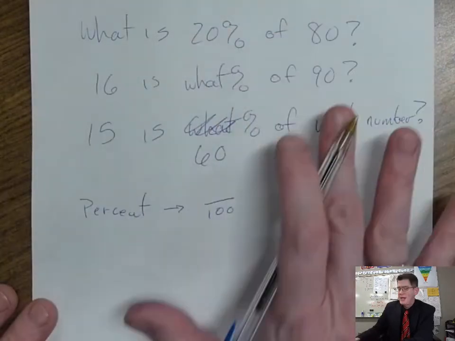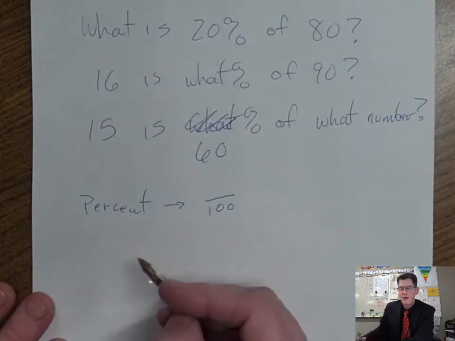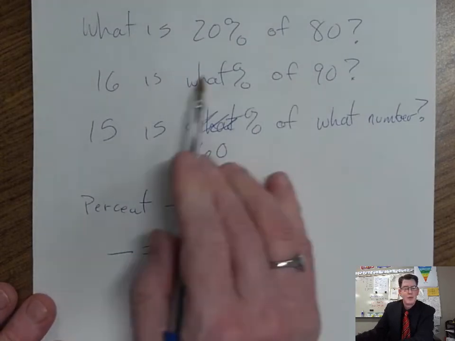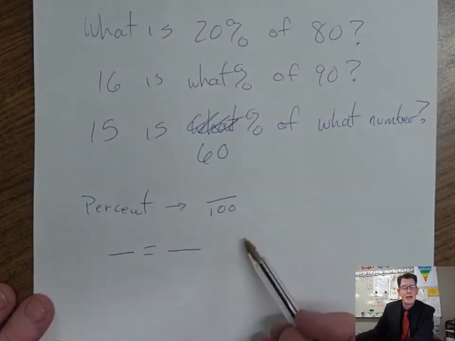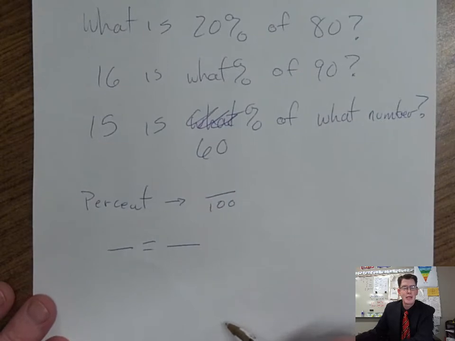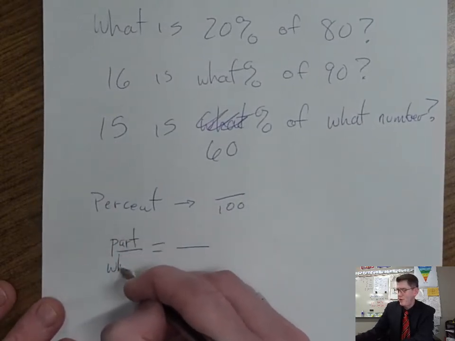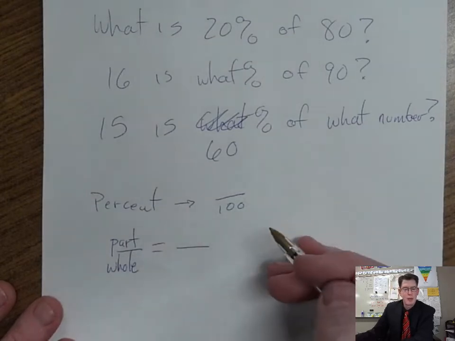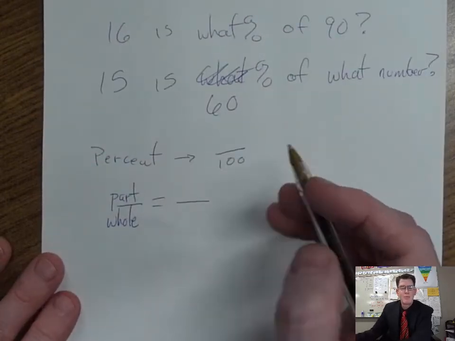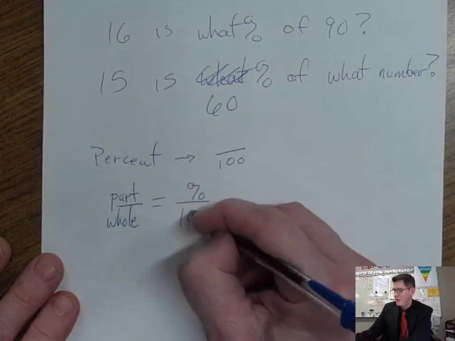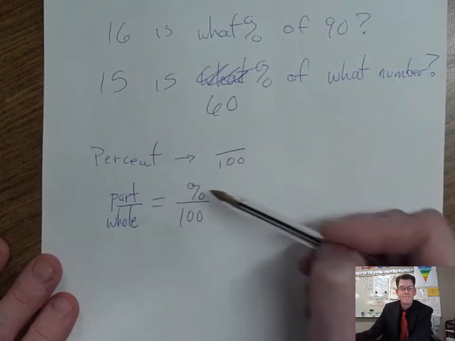And to solve problems like this, it's just a matter of writing a proportion with all the information that's in here and using percent. And here's what it looks like. Whatever the fraction is, the part over the whole, equals whatever that percent number is, and then just make it over the 100, like percent is.